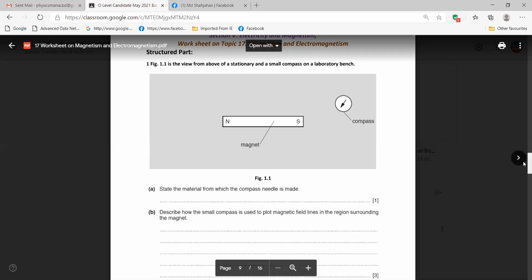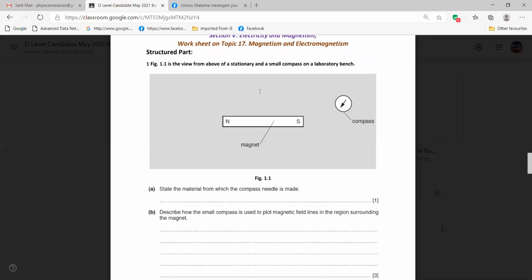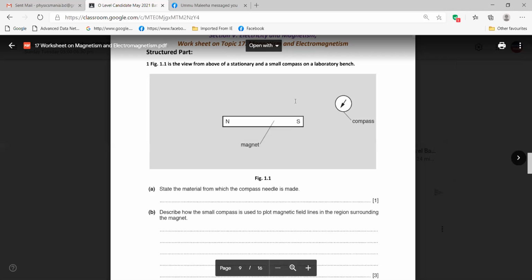We can place it at different positions, check the direction of the north pole, and there we draw the direction of the arrowhead. After finishing all this, we will join all those lines to get complete magnetic field lines with direction.